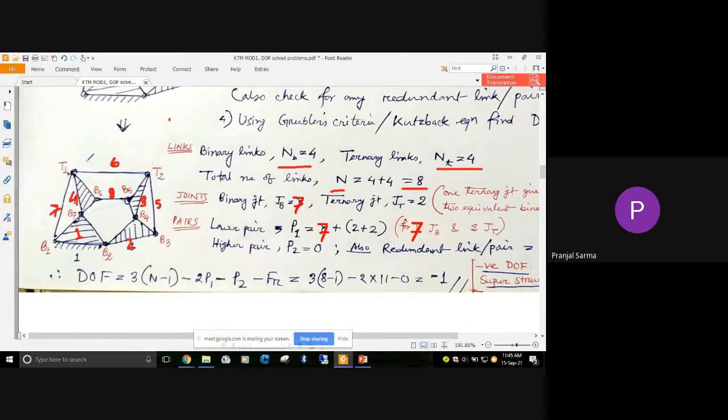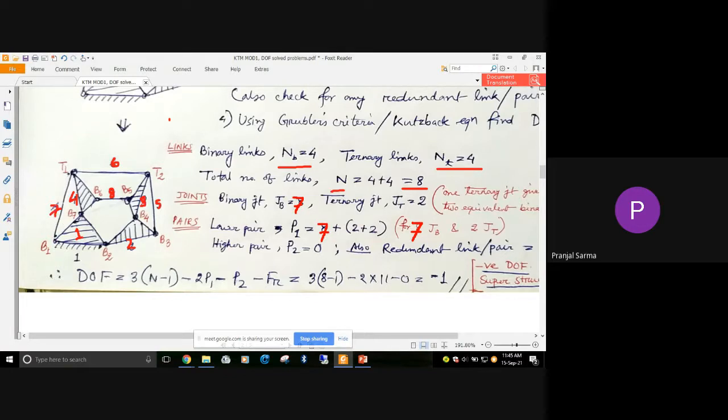For higher joints, a ternary joint is equivalent to two pairs, and a quaternary joint is equivalent to 4 minus 1, that is 3 equivalent pairs, like that. So we'll check what type of joints are there. If it is binary, we can denote it with b, and for binary joints 1 2 3 4 5 6, we write b suffix 1, b suffix 2, and similarly for ternary joints.